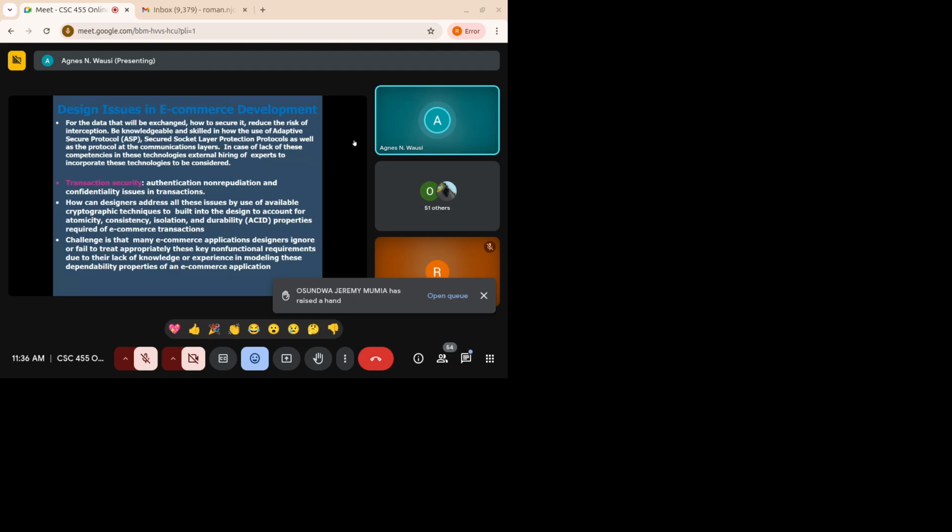Normally when you go to a website, sometimes even our university, when they have not updated the website, you get an alert that if you're going to exchange information, your information is not secure because their certificates are not yet up to date. That means they are not able to apply the techniques that the provider of the hosting environment provides for data security. And then, of course, there's the typical encryption of the data itself.